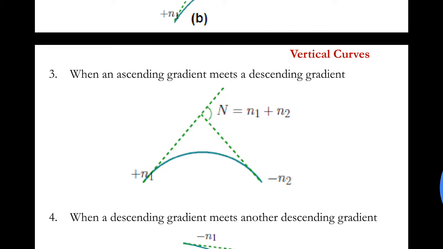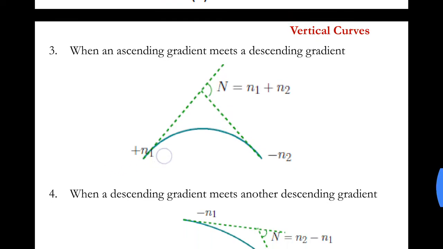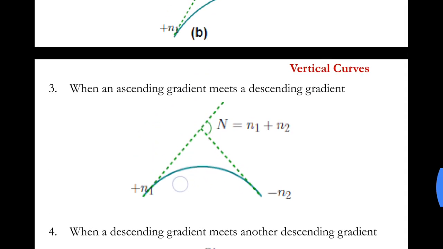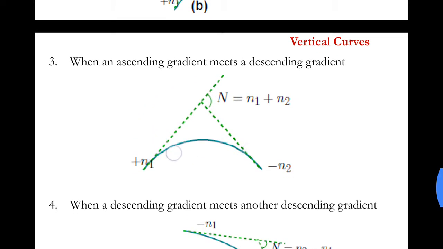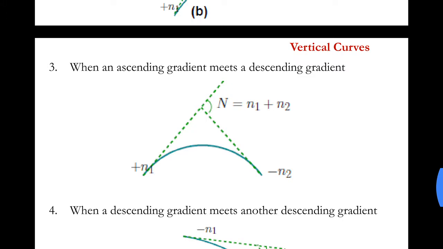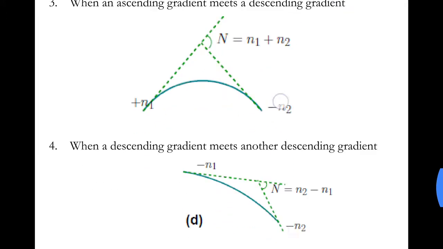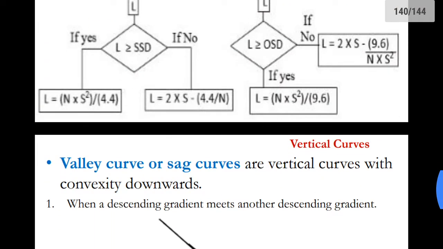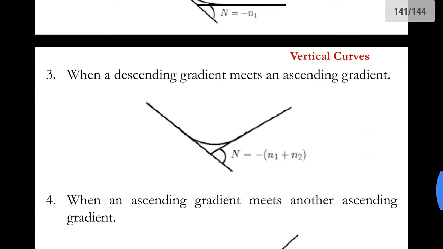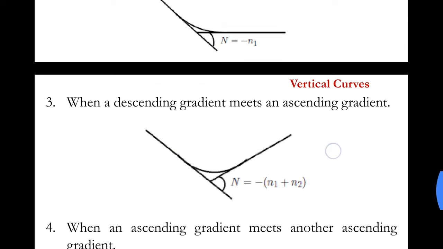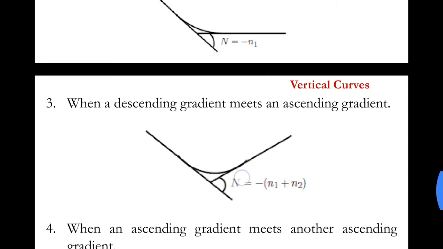Now this is one gradient and this is the other gradient, and at the intersection a curve is formed here, and this is a convex shaped curve. The convex shaped curves are known as summit curves, while the concave shaped curves, like this one, where this is one gradient and this is the other one, we are joining them using a vertical curve.